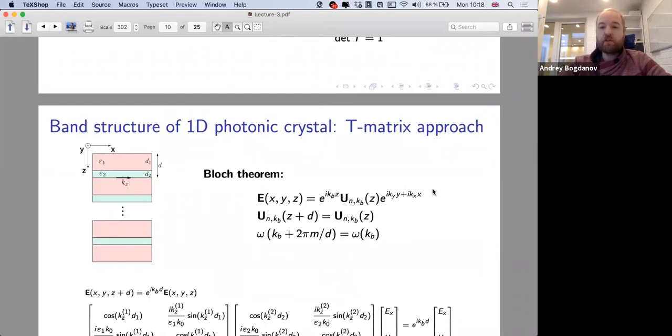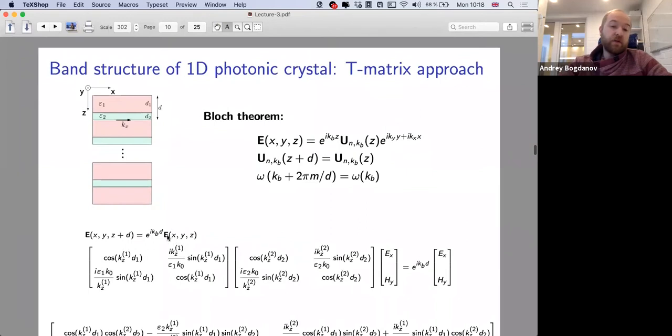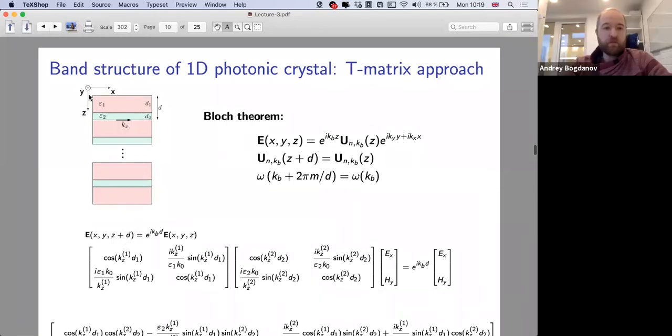This is why I can try to find the solution in the form of a plane wave along the x and y axes. Then, according to the Bloch theorem, if you add the period to the variable along the periodic direction, the solution is not periodic, but it has a relation with the initial function, E of x, y, and z, which gives just an additional factor, this one.